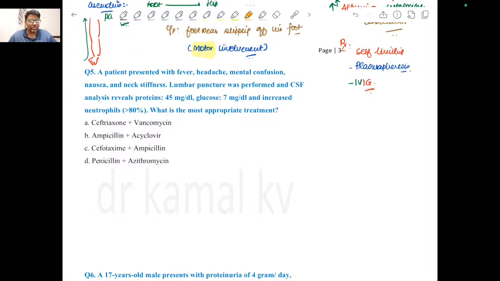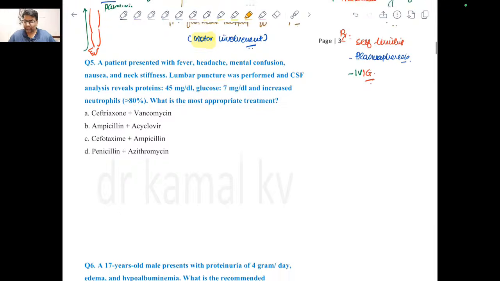Now this kind of question stem you might have studied a lot before, and that was usually about making a diagnosis. So you could easily make a diagnosis here, I'm very sure. But what is the most appropriate treatment? So the examiner has gone a step beyond the usual presentation, and now they are asking you about the treatment.